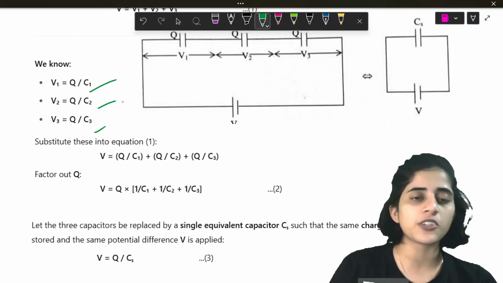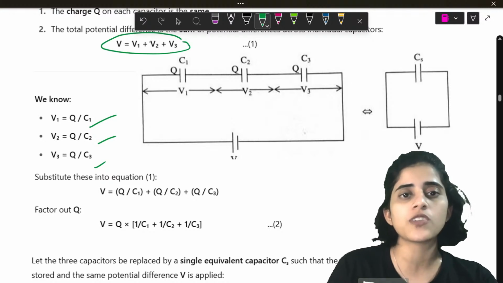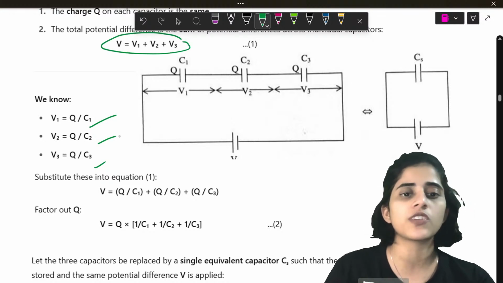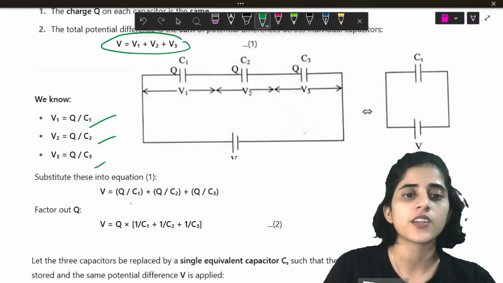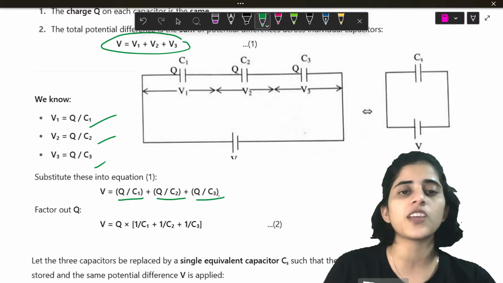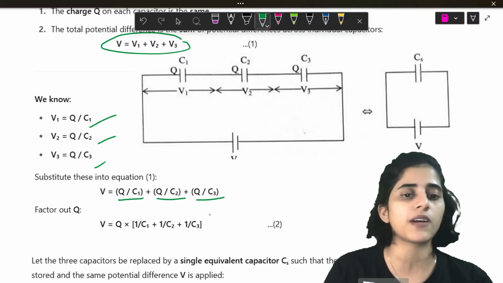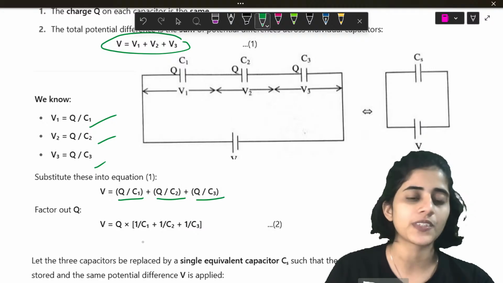Now, if I substitute these equations in my main formula where V is equal to V1 plus V2 plus V3, what will I get? Instead of V1, I write Q by C1. Instead of V2, I write Q by C2. Instead of V3, I write Q by C3. And then I take Q outside. So what remains? 1 by C1 plus 1 by C2 plus 1 by C3.